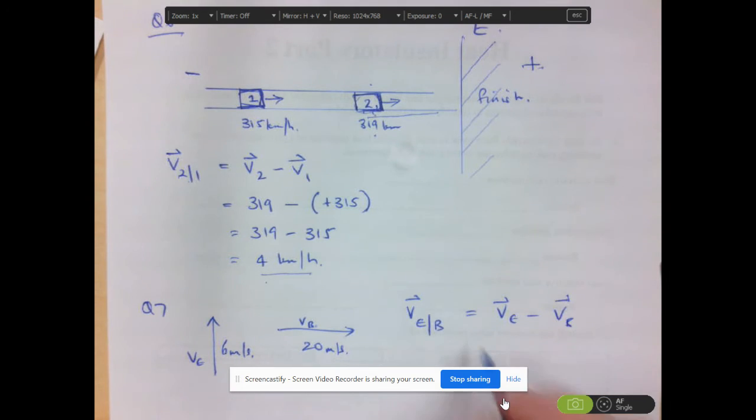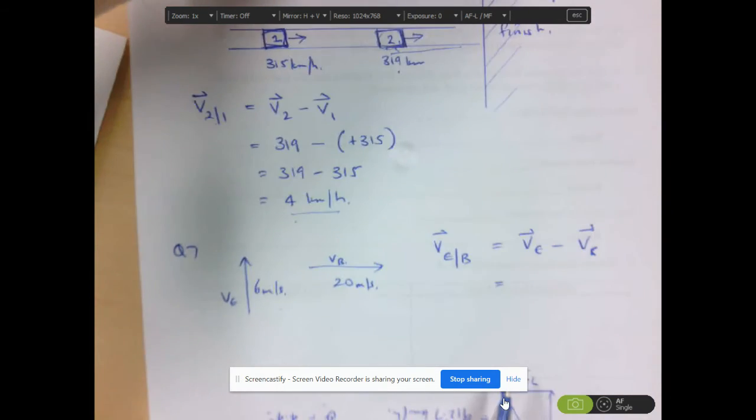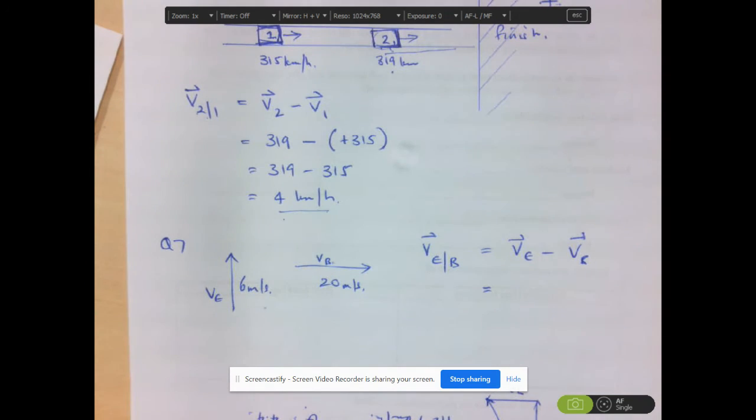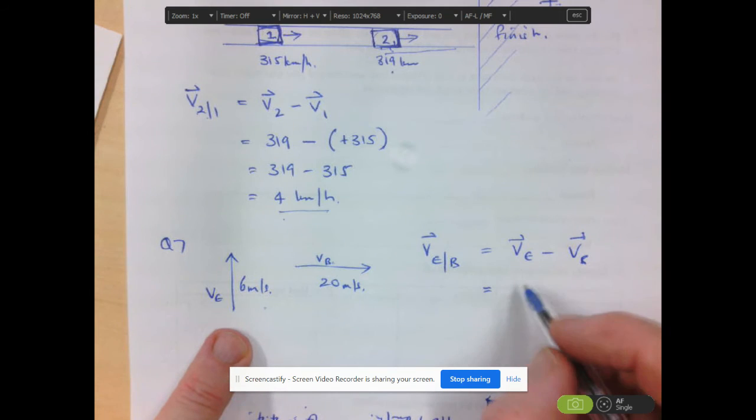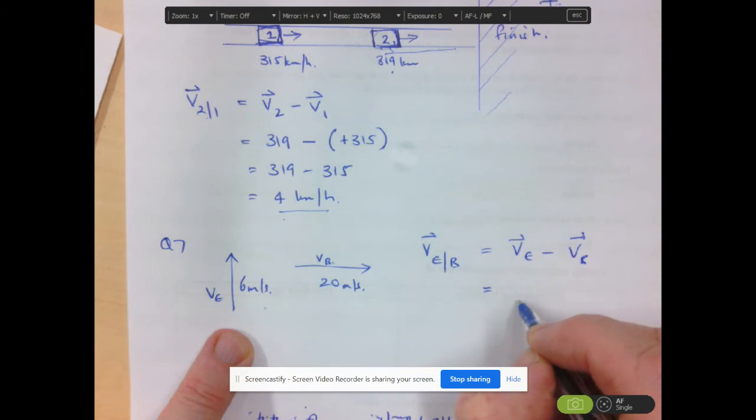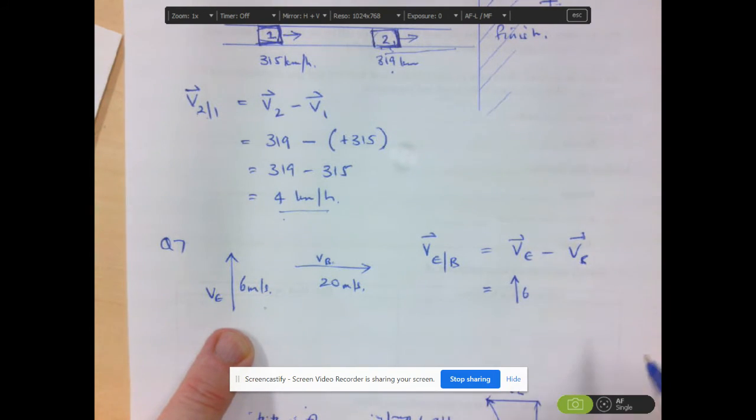Okay, so because these are not in cardinal directions, I'll just move that up a bit, we're just simply going to draw them as vectors over here. So this one here is velocity of Elsa with a 6, and minus this, the ball vector, which is 20 that way.